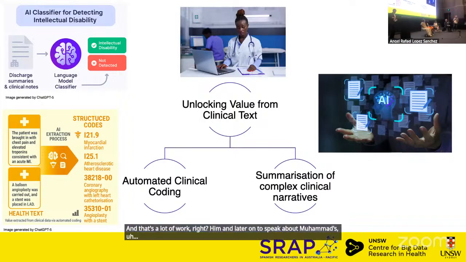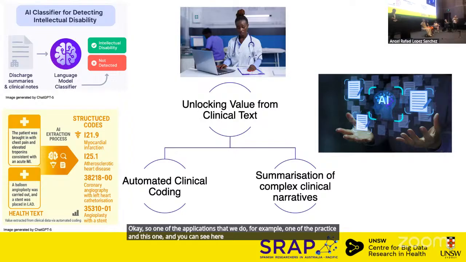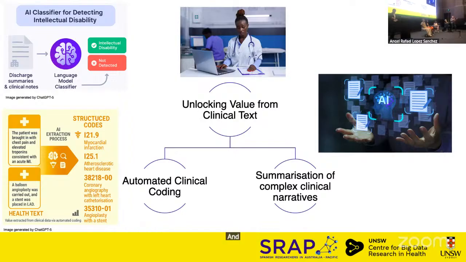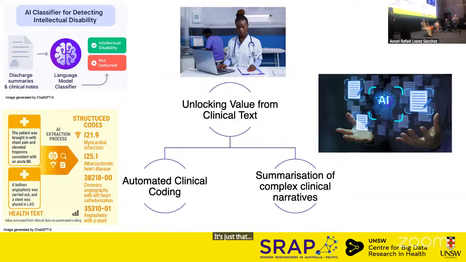And that's a lot of work for a human to read later on. One of the projects, the one you can see here on the top left corner, is very close to my heart. It's an application in collaboration with the Center of Excellence in Intellectual Disability. This center thought it would be very important to have a flag that says if a person has an intellectual disability or not.